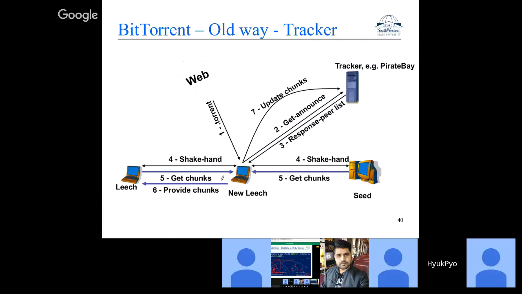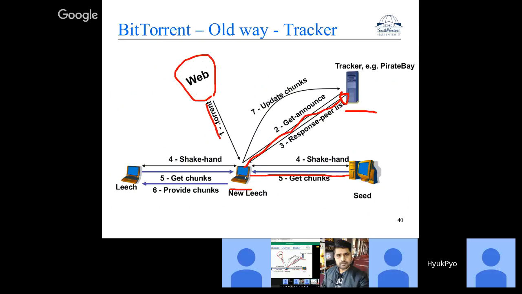This model was adopted by BitTorrent. Actually, when BitTorrent was developed for the first time, there was a tracker. To use the tracker, the user has to access some web page to receive the torrent file. With this torrent file, the client can access the tracker, and the tracker will respond with the IP addresses of clients that have the required resource.